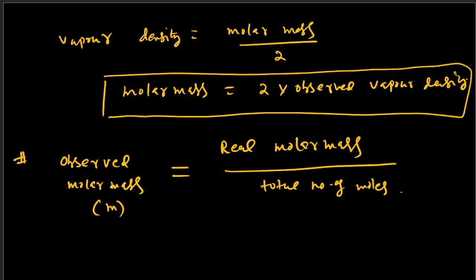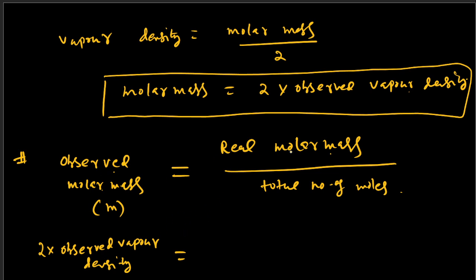So molar mass is equal to 2 into observed density. So instead of molar mass, I can write 2 into observed vapor density, because molar mass equals 2 into observed vapor density.